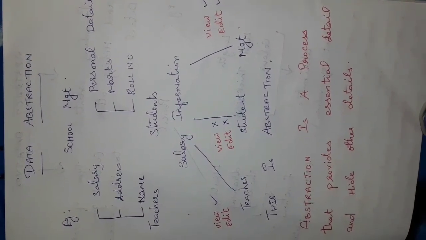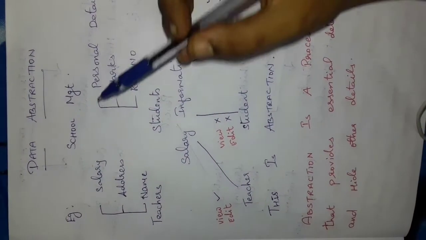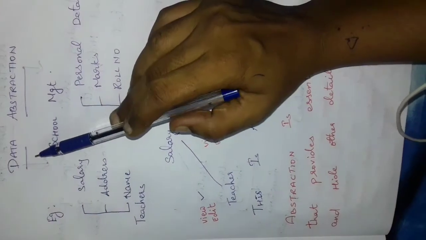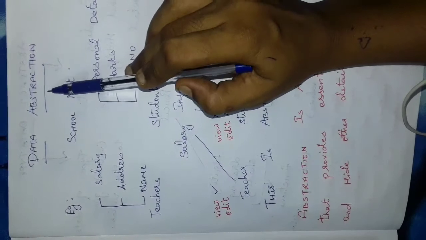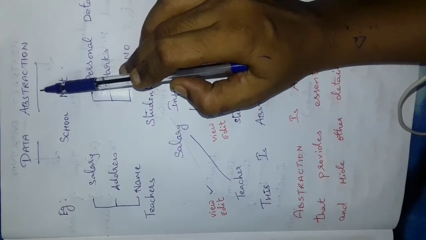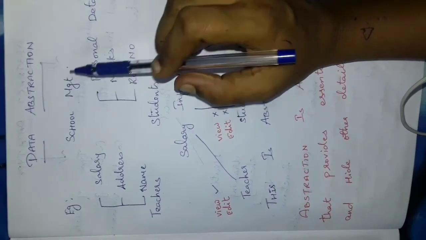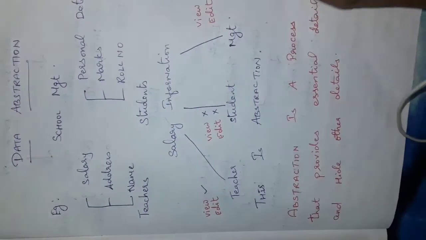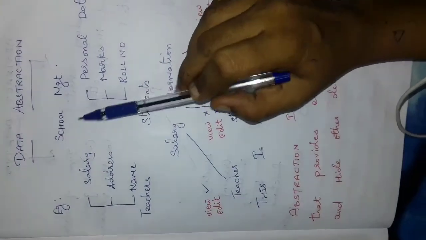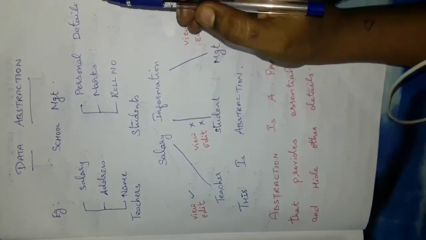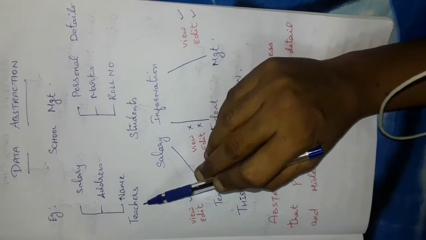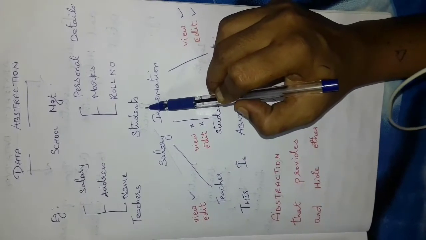Now data abstraction. As I told you, data is the raw fact. Abstraction is the process. We will see a clear example for this data abstraction. We can take the example of school management. School management is maintaining the details about teachers and students.